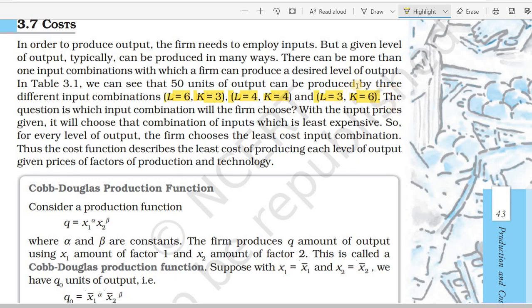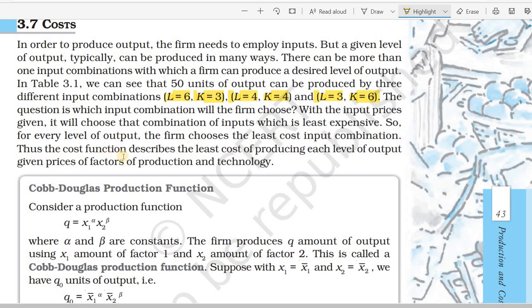The producer will analyze which combination is less expensive, and that combination he will choose. Every firm will choose the least cost input combination because the producer needs profit. Whichever combination gives less cost, the producer will choose.